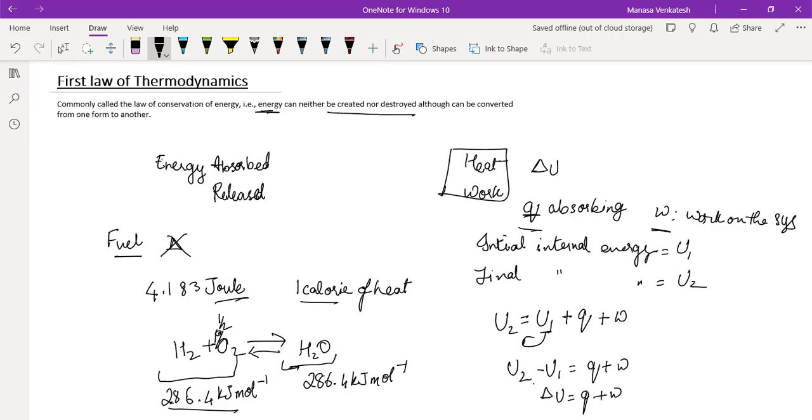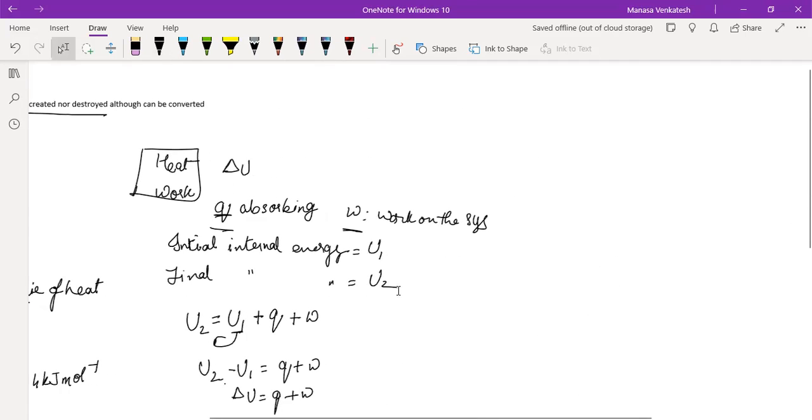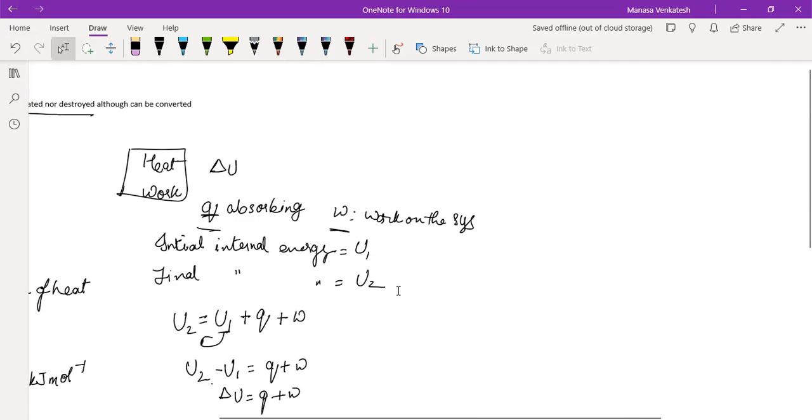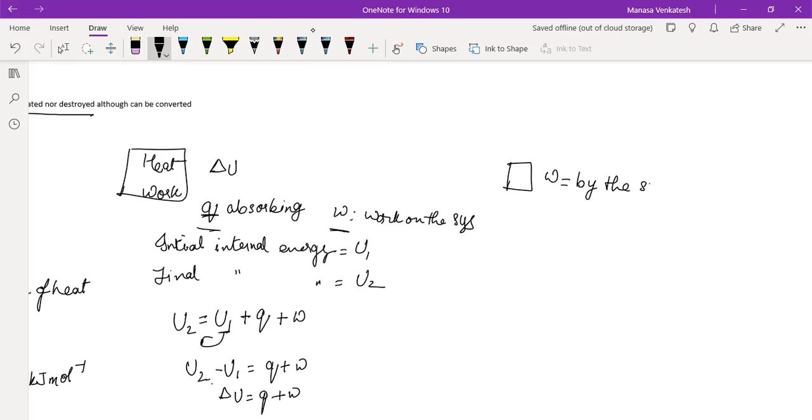Not only that, there could be a case where we take a system that has a particular amount of internal energy. Now, when work is done by the system, obviously in this case we will not take work as positive.